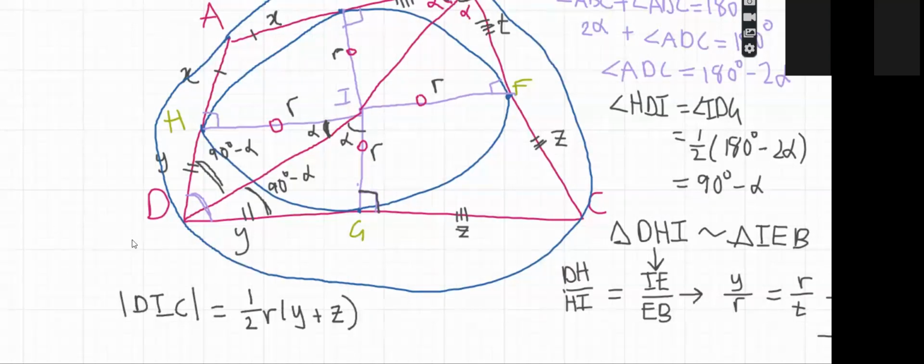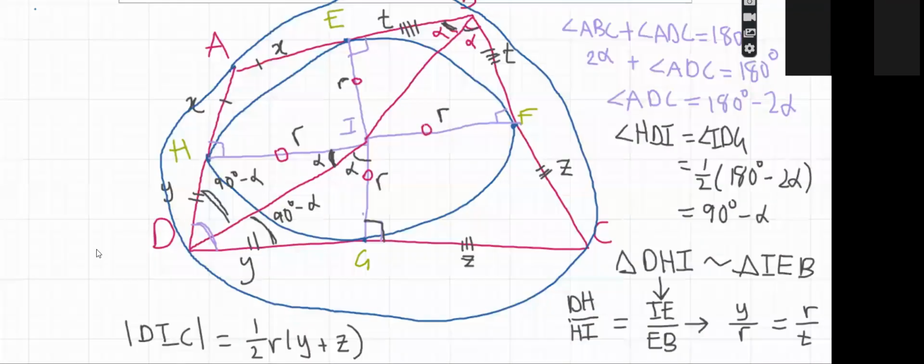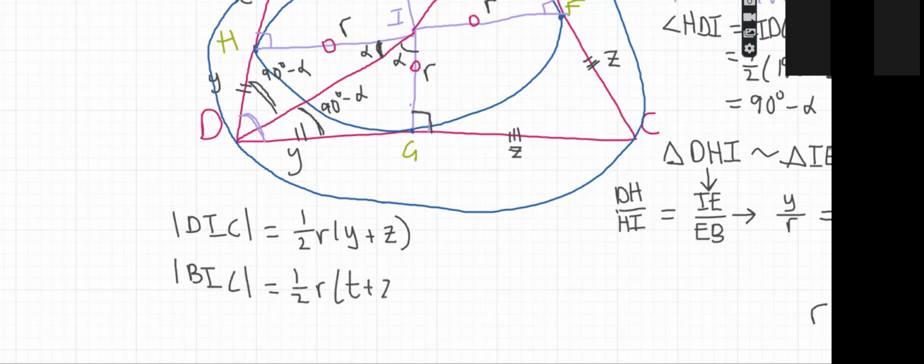Okay, and using similar logic, we can also calculate the areas of the remaining triangles. So the area of BIC is equal to half r (t plus z).